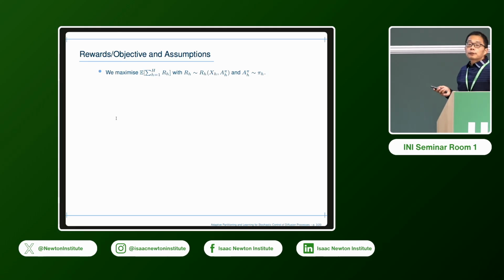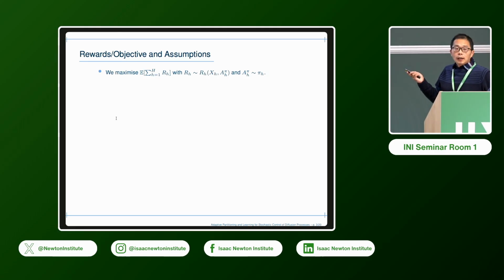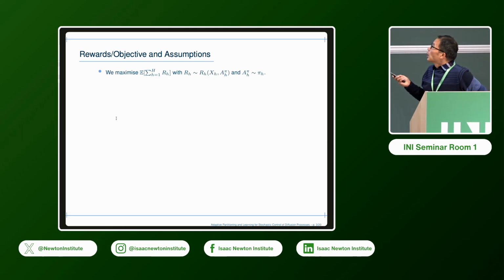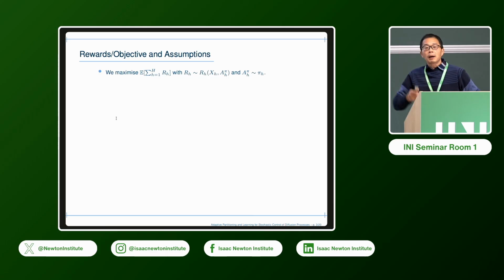The objective, or the reward function, is to maximize the expectation of the accumulated reward, where each reward is a random variable following a given distribution determined by the current state and the current action. This action is a random variable whose distribution will be decided by the policy pi.